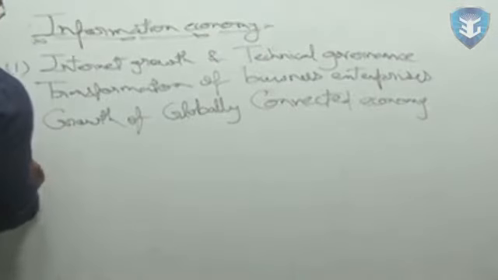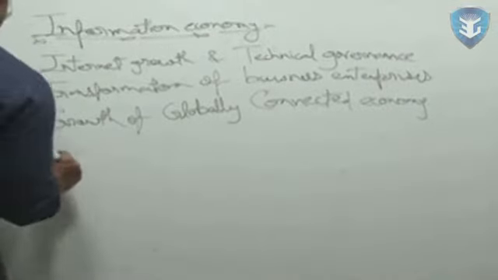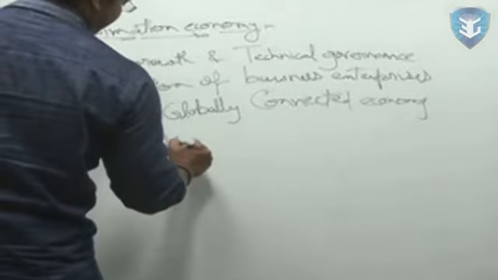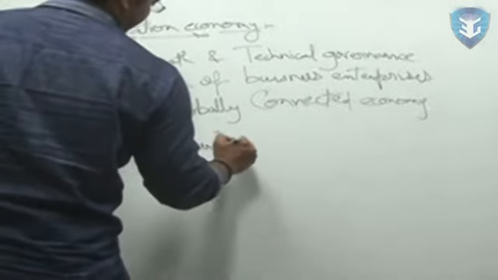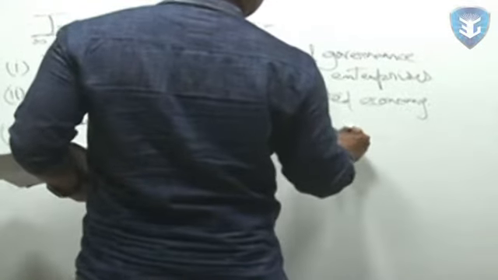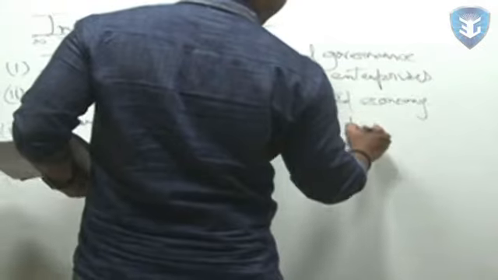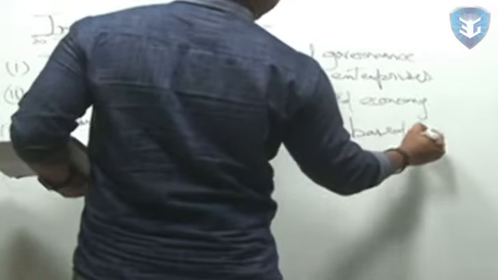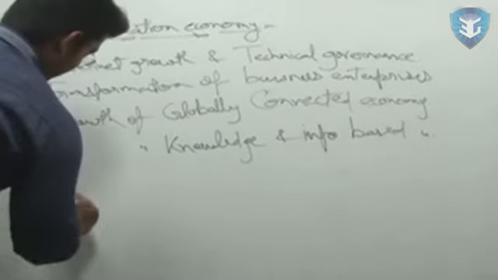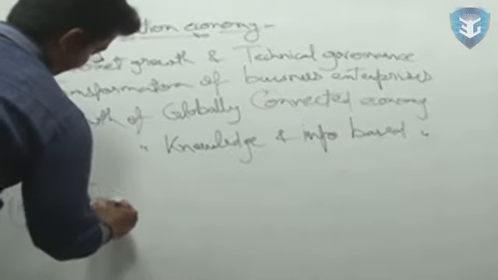The fourth one is growth of knowledge and information based economy. And the last is emergence of digital firms.